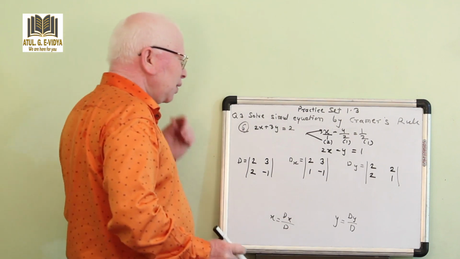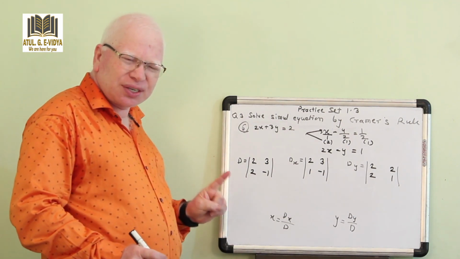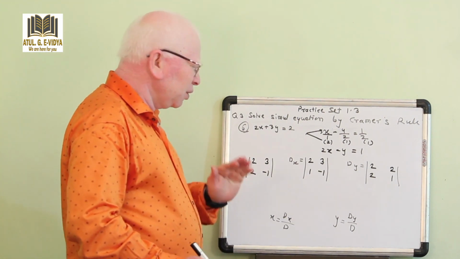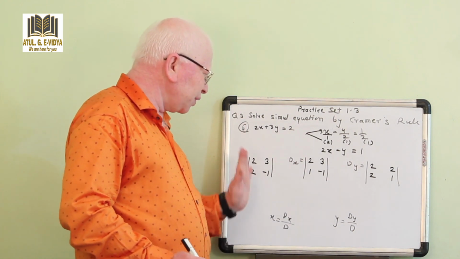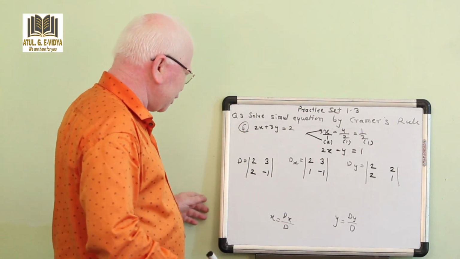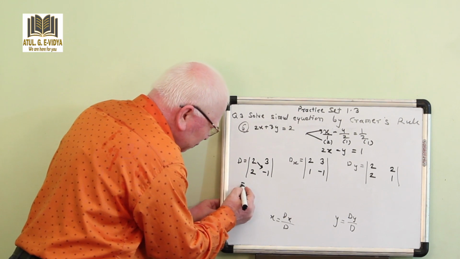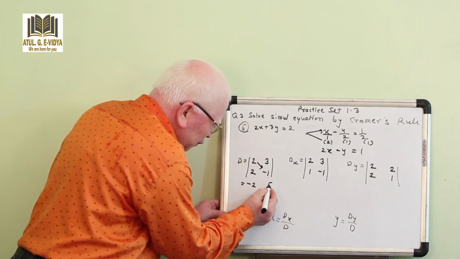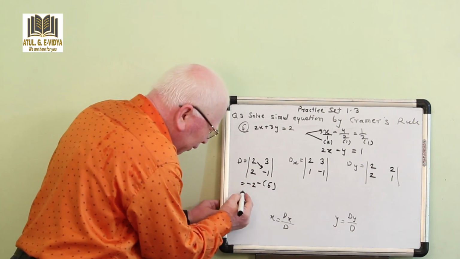So how easy? I would like to summarize. In D, we have to take the x and y coefficients. In Dx, we have to take only the y coefficients, and the x coefficients are absent. And in Dy, the y coefficients are absent. Take the product. 2 into minus 1, that is minus 2. 3 into 2, that is 6. And such minus sign from our formula.